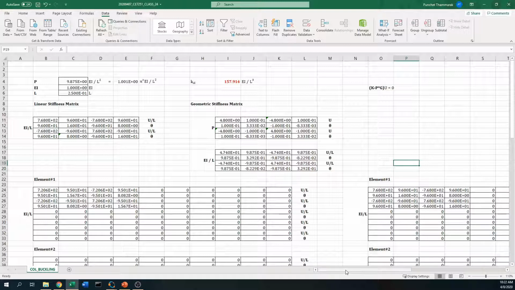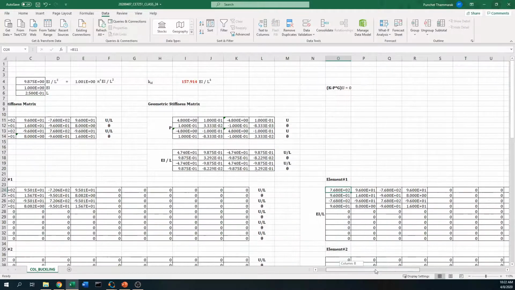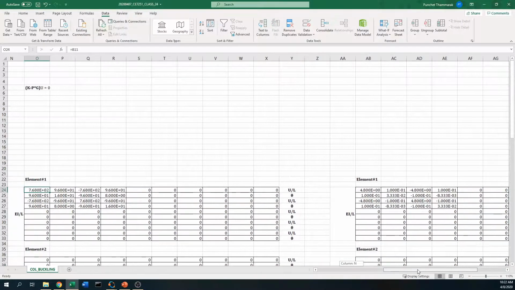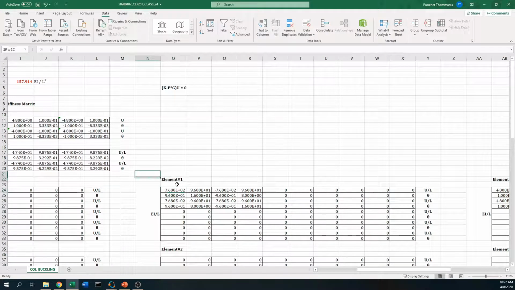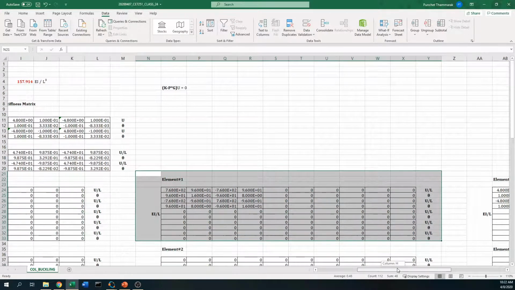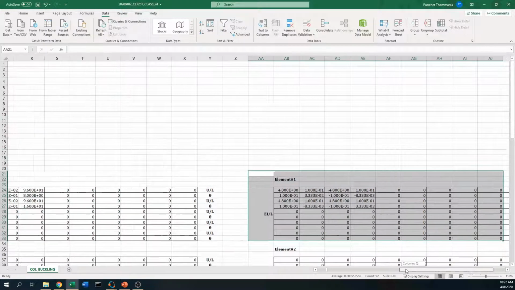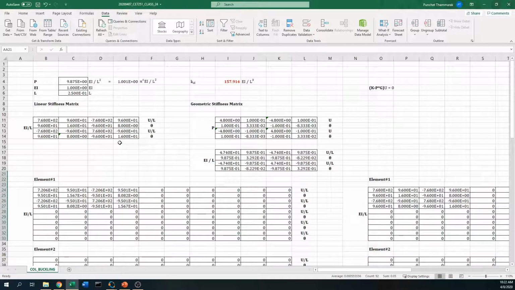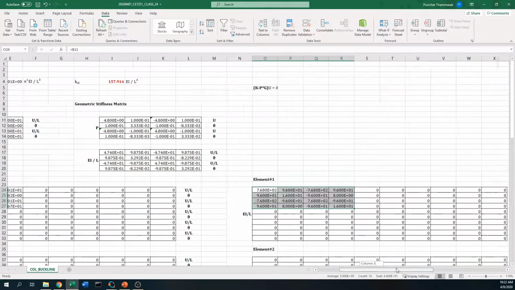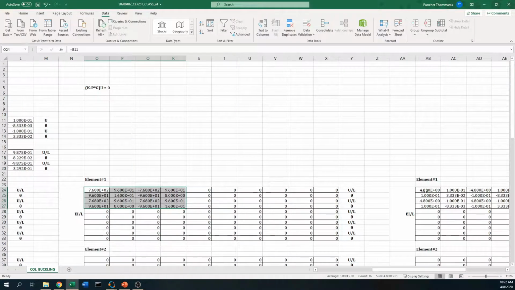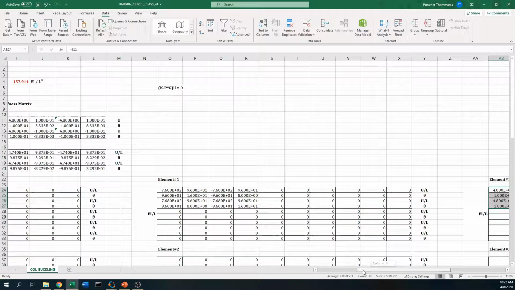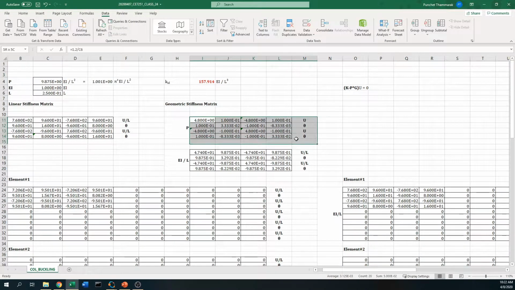So, okay, let's see. First of all, I make it this way. I break it into two parts. The linear stiffness is given here on the left, and the geometric stiffness is given on the rightmost. I take the linear stiffness and stuff it in, and then I also get this part from the top one.